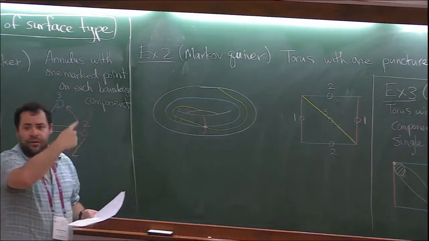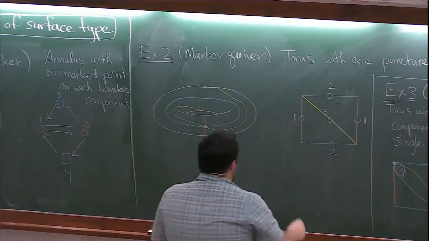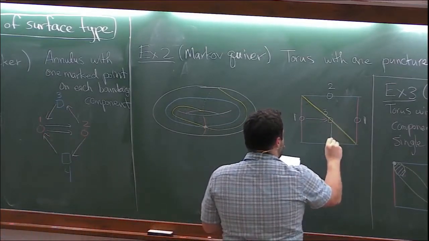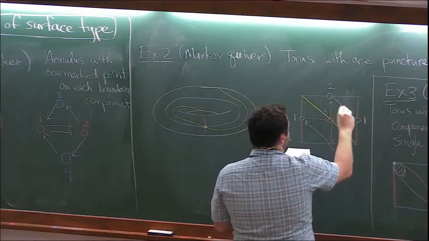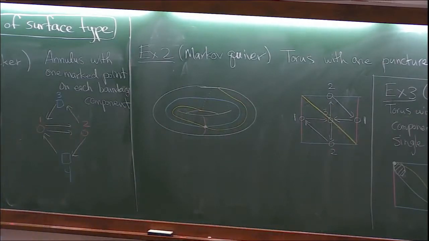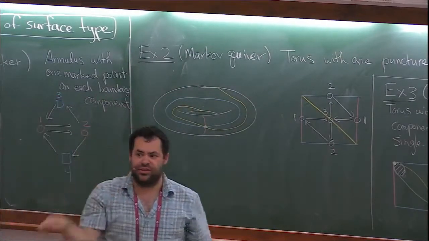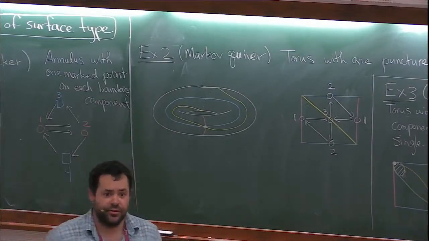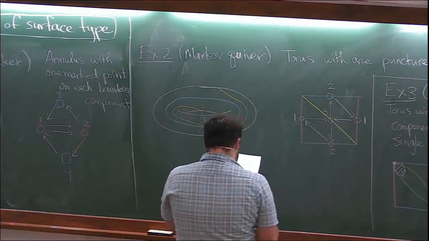Now I move around, and I make clockwise cycles. So here's one. And here's another one. Okay, so I'm supposed to get the Markov quiver, which is the quiver that has 3 vertices and 2 arrows, 2 arrows, and 2 arrows. So if you take this picture, you get that, in fact.